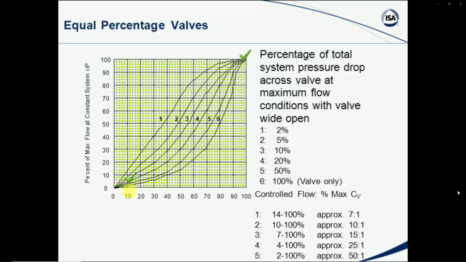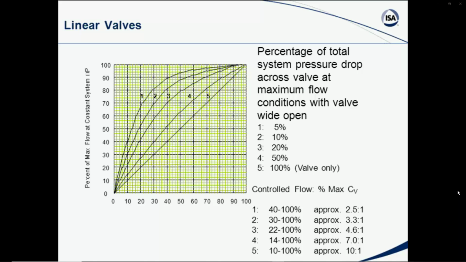And of course they will control up to 100%, but as these curves shift due to the nonlinearities of the system, they shift back to the left as we see here, then we impact drastically our ability on our controllable flow, and we want to make sure we do have some capabilities in the 10 and 15 and 20 to 1 categories. So the equal percentage trim becomes a very usable trim when you consider the maximum minimum flows that you may have to have as far as your application is concerned.